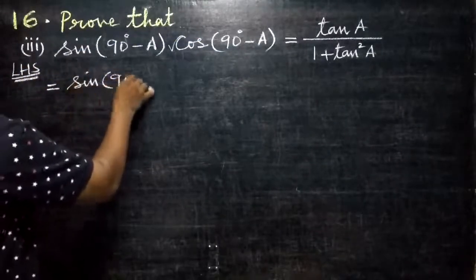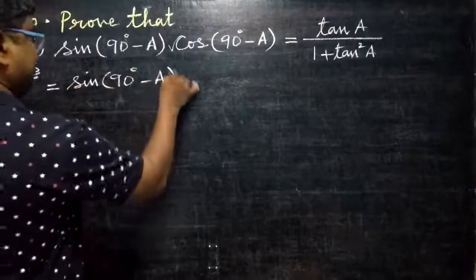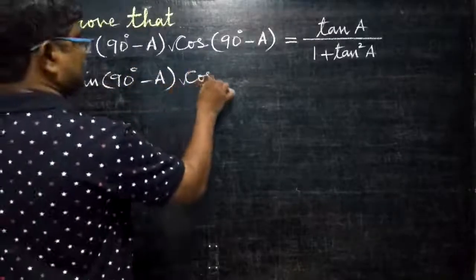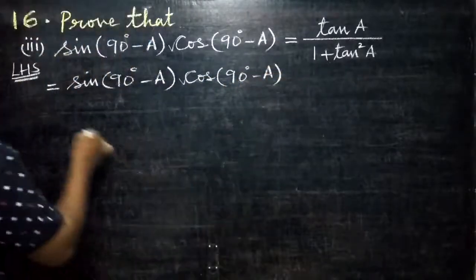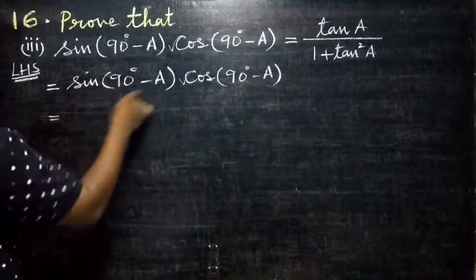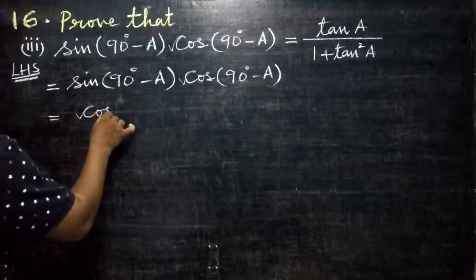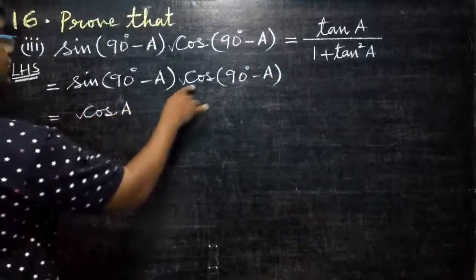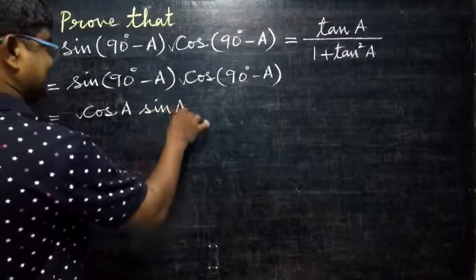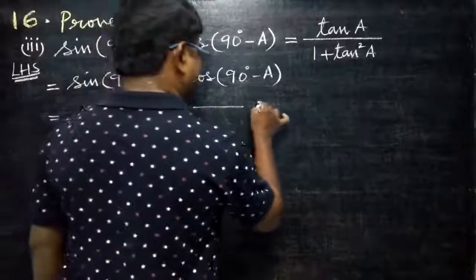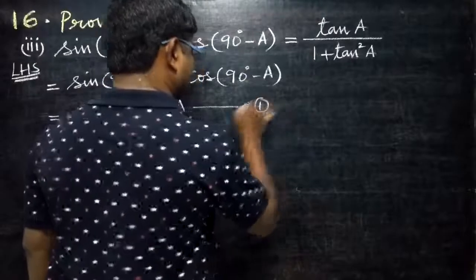Sin(90 degrees minus A) into cos(90 degrees minus A). Now we know the formula. Sin(90 minus A) is cos A. Cos A into cos(90 degrees minus A), which is sin A. This is number one answer. This is the LHS answer we got.